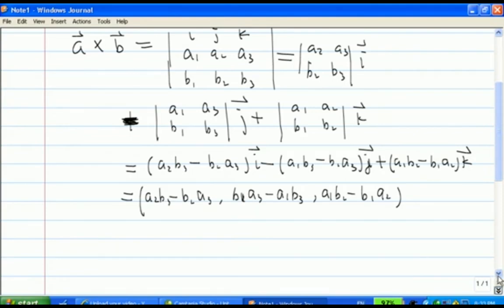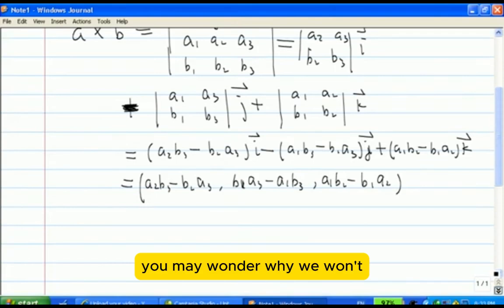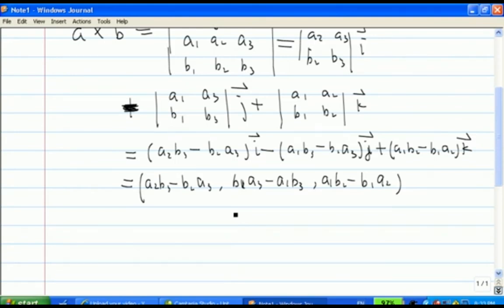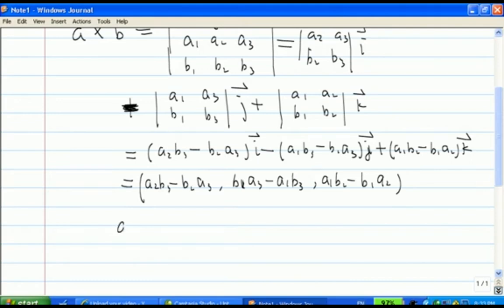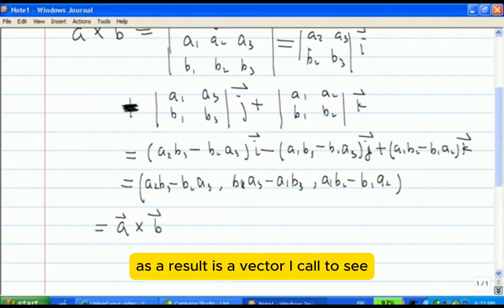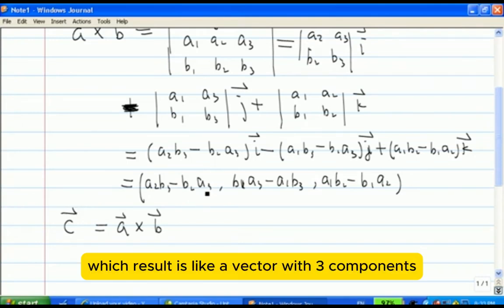Then you may wonder why we want to define the cross product in such a complicated way. First of all, remember that the cross product of two given vectors has a result that is a vector, which I call C. You can see this result is a vector with 3 components.